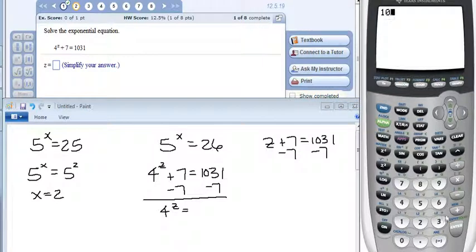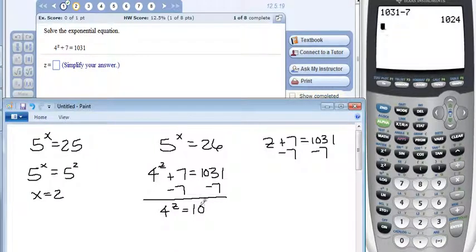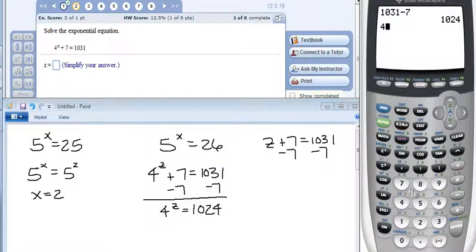So I've got 1031 minus 7. I've got 1024. Now the first thing I'm going to check for is a nice whole number in the z spot. 4 raised to some power is going to be 1024. Is it 6? No, is it 5?